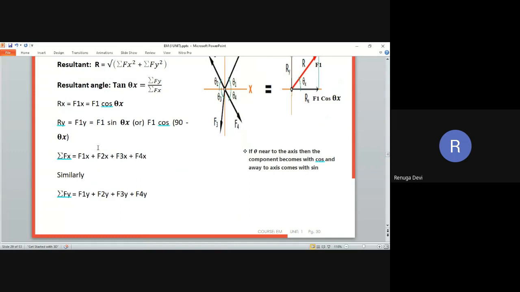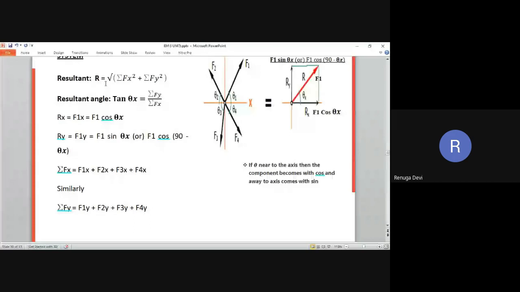This is the summation of F1x, F2x, F3x, everything I have given. So R equals root of sigma Fx square plus sigma Fy square. The summation of the x components and y components of F1, F2, F3, F4 gives the overall resultant.